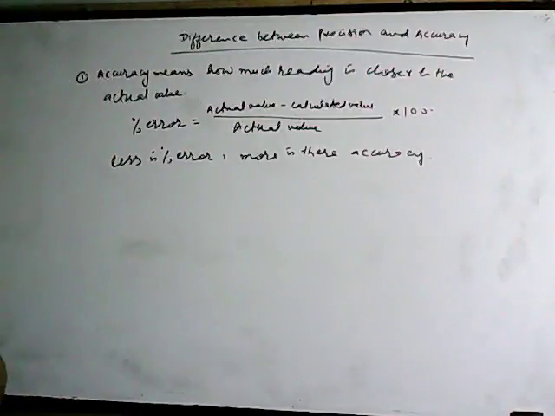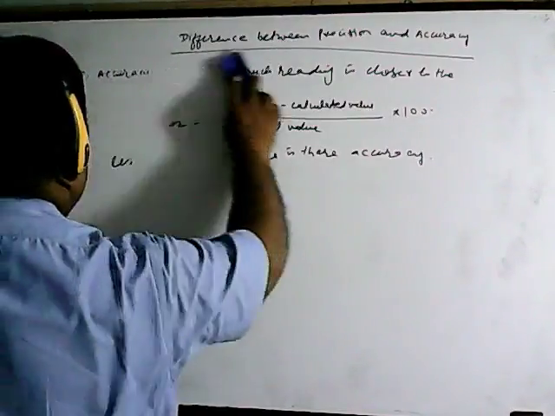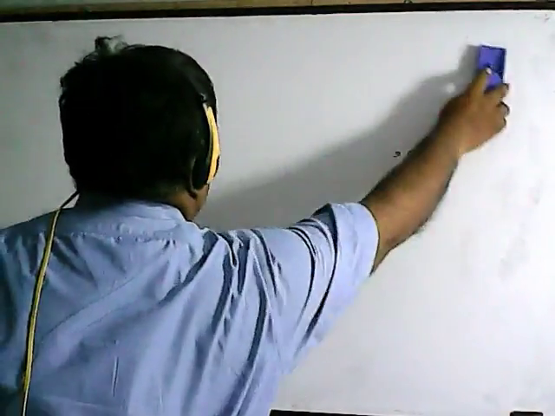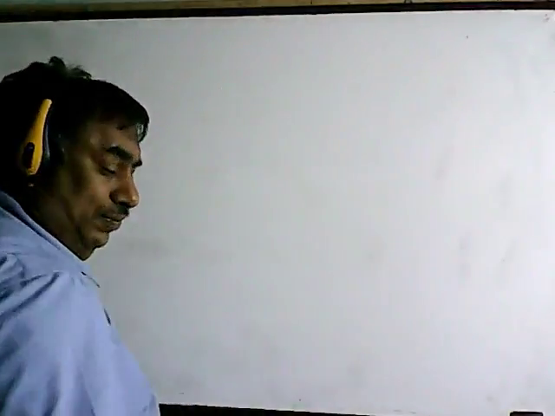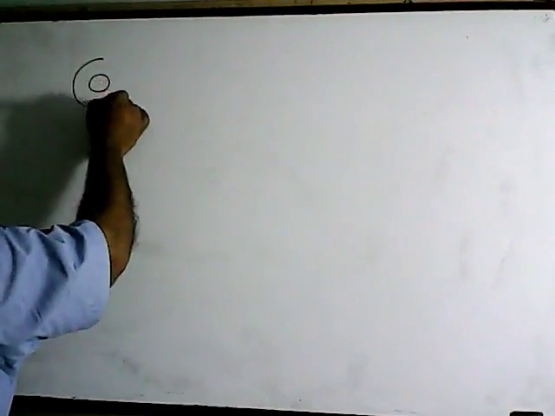Now I am giving you an example which will make it clear. Suppose we have 4 persons, and I give them a gun, and they have to hit this target. This is the main target, with circles. They are given 6 bullets, so there are 6 readings.